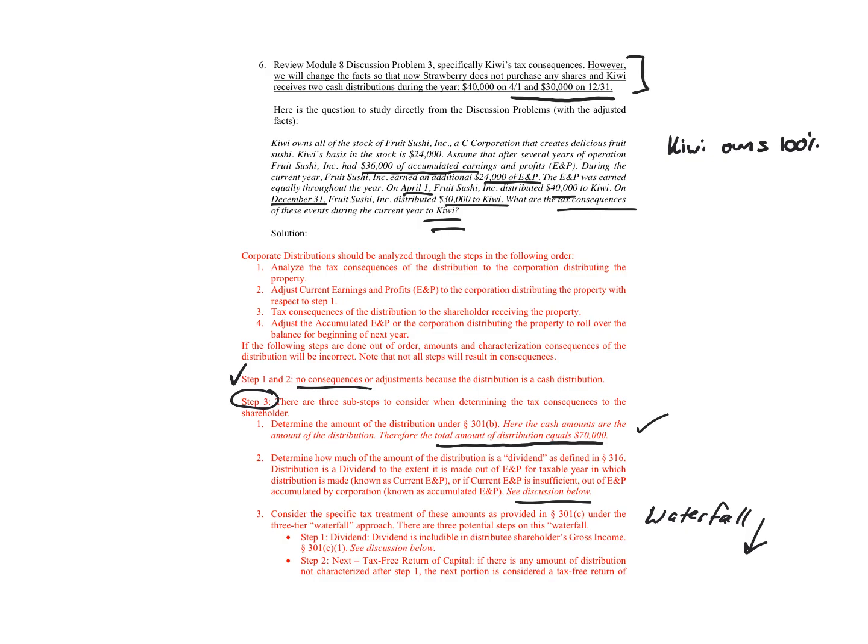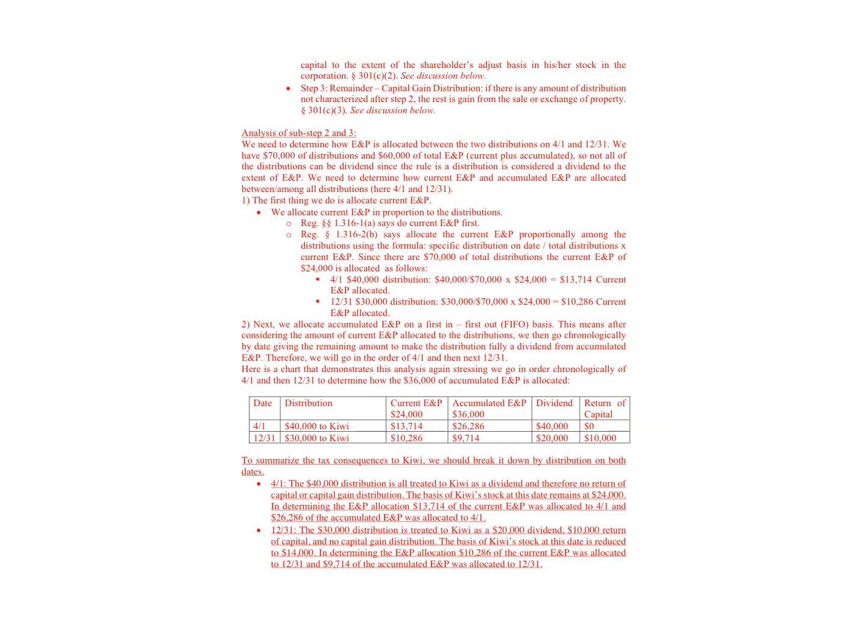Now, the key to this problem, what they're going to focus on in the exam, is that I can tell you a date and ask how much current E&P is allocated on that date and how much accumulated. So you really have to know the ins and outs. In practice, though, we just lump it all together since one owner owns 100%. Here's the analysis of step 2 and step 3. If you remember the rules, here's the issue. We've got $70,000 of distributions, and we've got total E&P of $60,000.